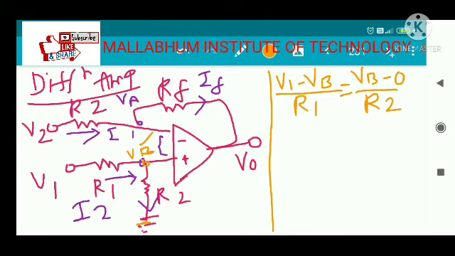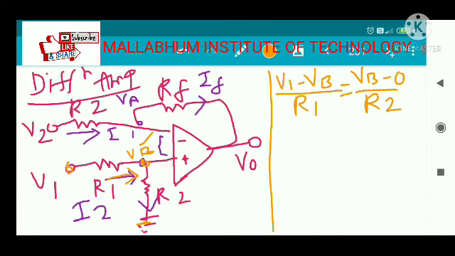The potential at node B is VB, this current is V1 minus VB divided by R1, and this one is VB minus 0 divided by R2.